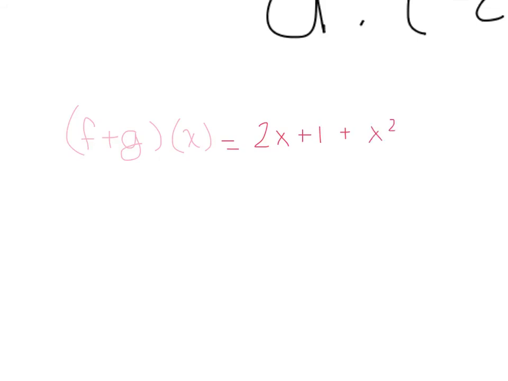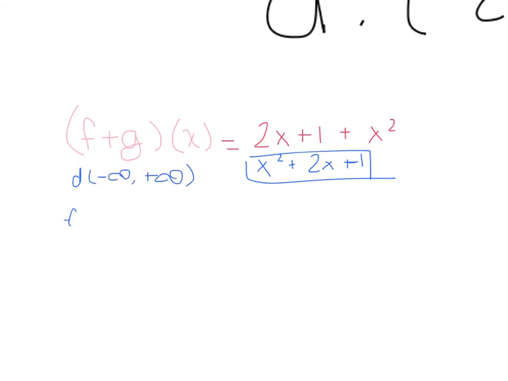The only thing I can do is put these in descending power, so my answer is x squared plus 2x plus 1. There are no like terms, so this is my final answer. Okay, so that would be the addition of these two functions. Did I restrict the domain here? No, I don't have anything in the denominator of something. I don't have the square root. So the domain here would be from negative infinity to positive infinity.